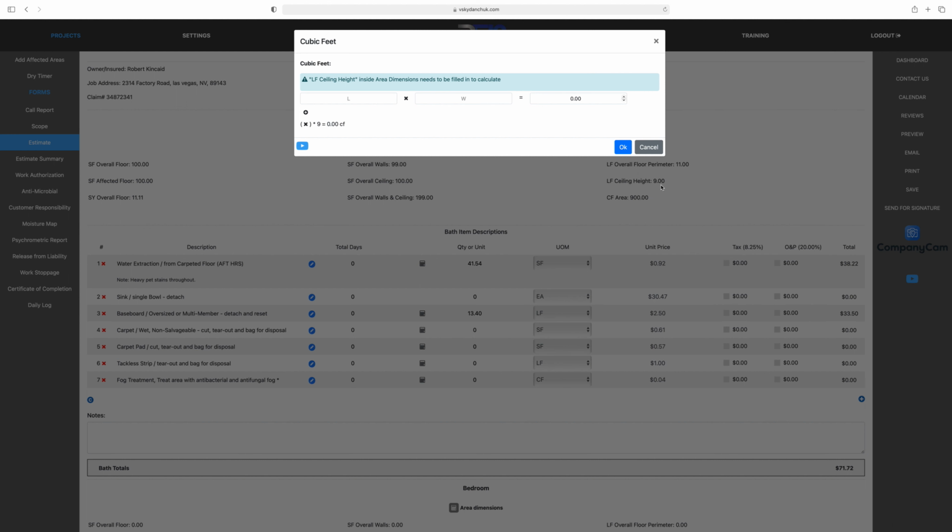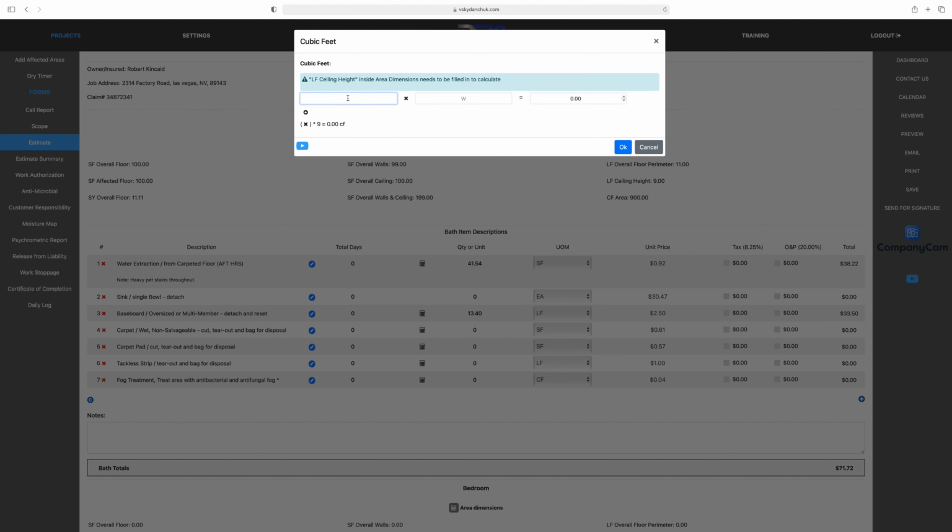In other words, from floor to ceiling is 9. That's already part of the equation. It's ready to go. If you don't have this measurement here, it's just going to appear as 0 right here. It won't calculate. That's what this notice is for.